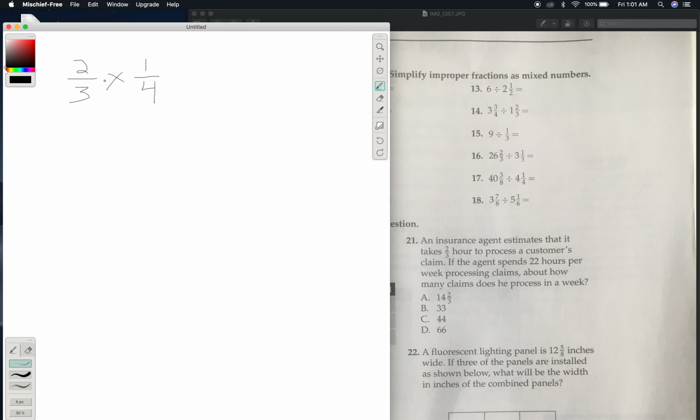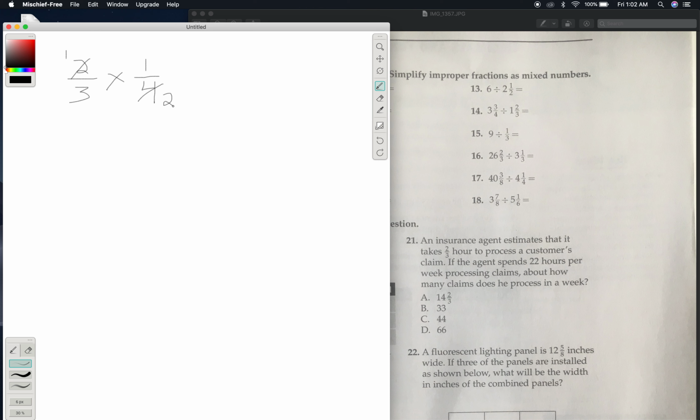So basically just write down the problem. There is something called canceling for multiplication and division. If we did this as is, we'd have to reduce it later, but canceling saves that step. For example, 2 goes into itself once, so we put a 1 here, and it goes into 4 twice.